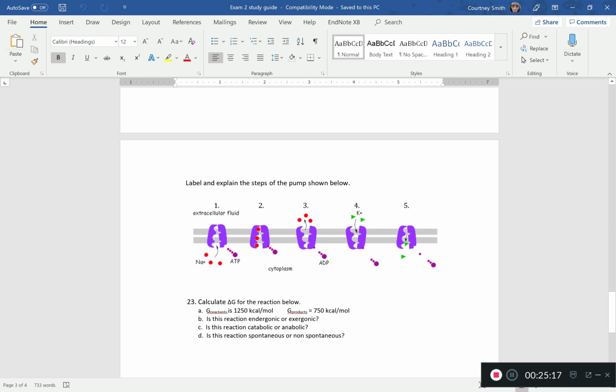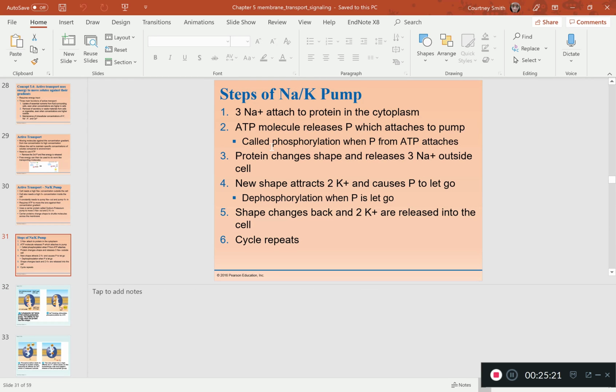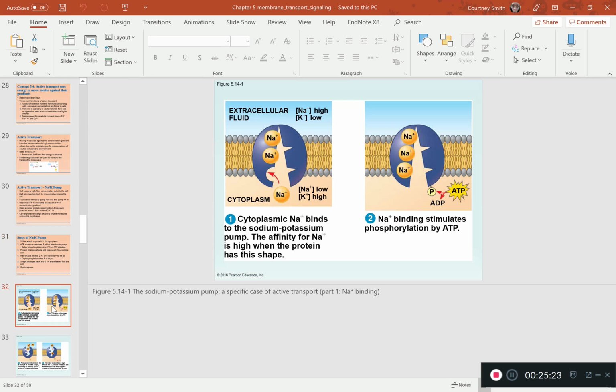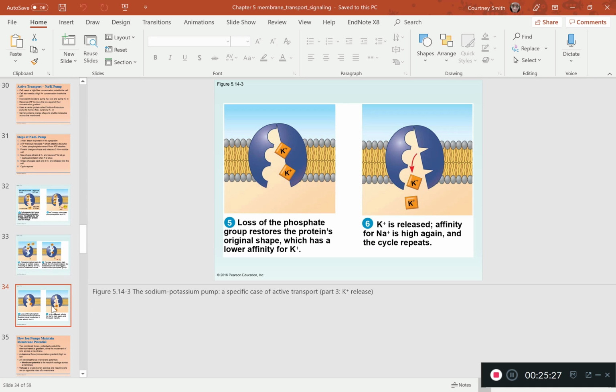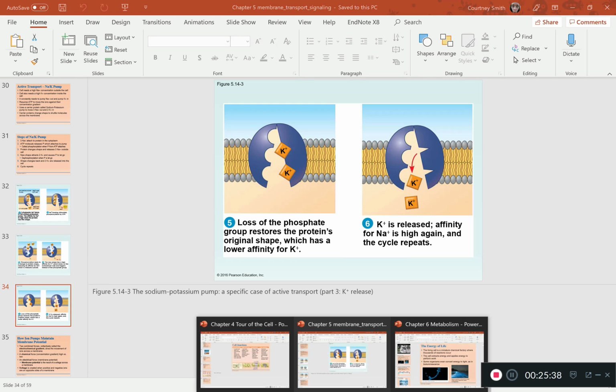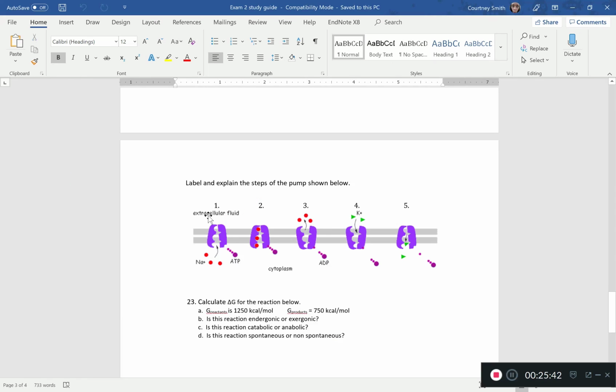That has to do with either this slide, which is all in one, or the 3 to follow. Either one, I definitely want you to know the steps of the sodium potassium pump, because it is pretty vital to our cell function. So with that, I think we knocked out 2 birds with 1 stone with that question.